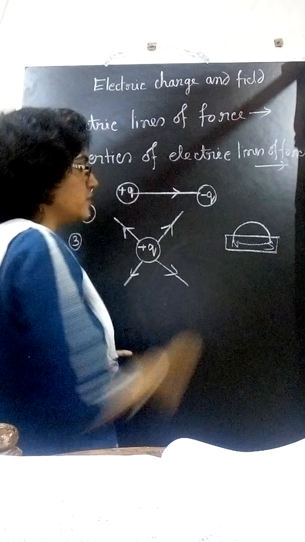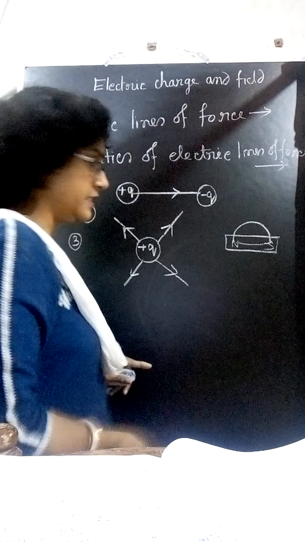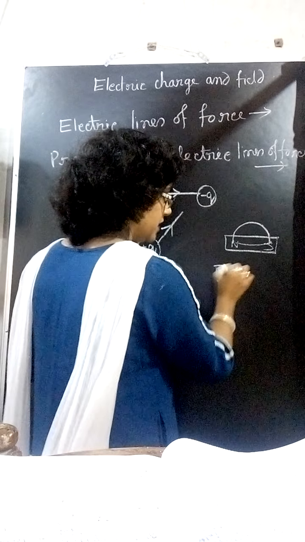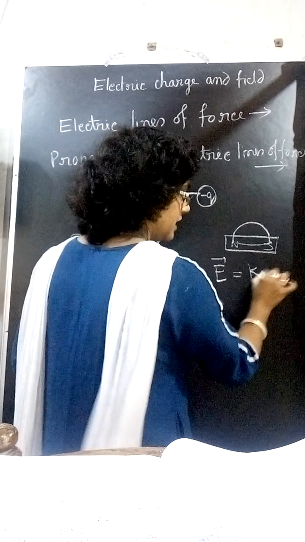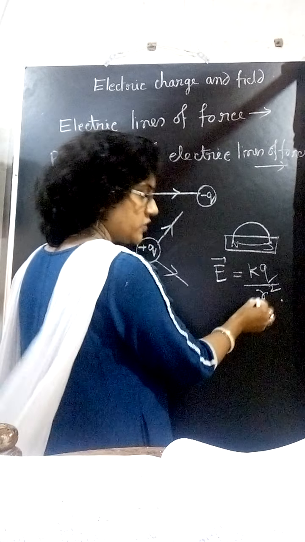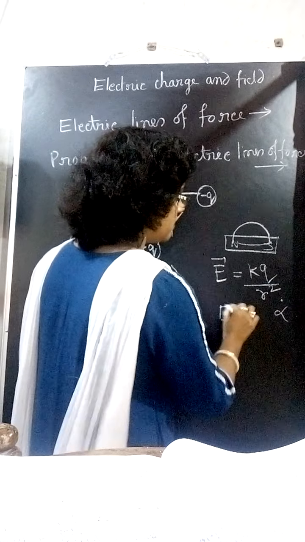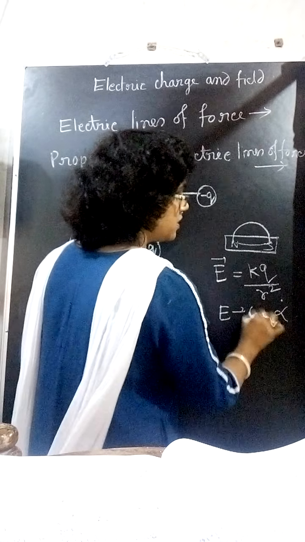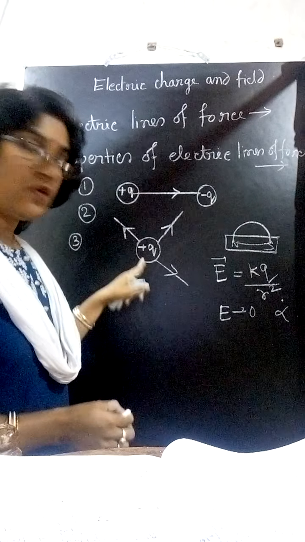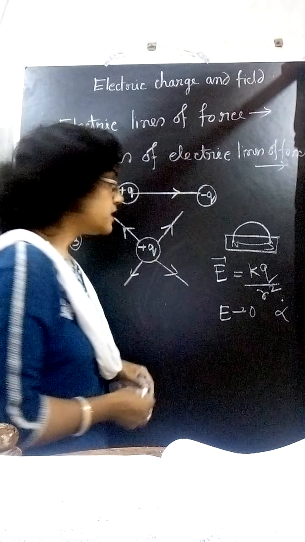The electric lines of force will terminate at infinite distance, because you see the relation of the electric field is kq by r square. Now if the test charge position is at infinite distance, then only it is possible that E tends to 0. So for that reason, the electric field lines will not terminate in space, they will terminate at infinite distance.